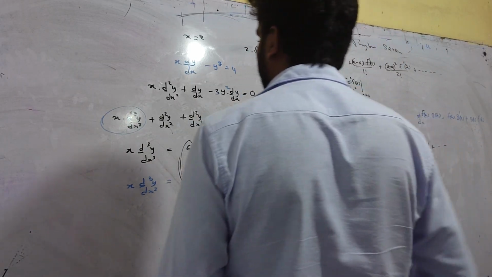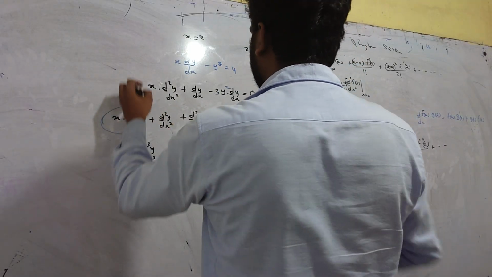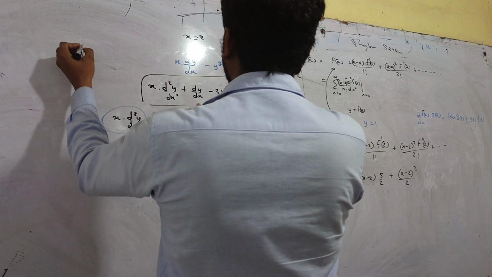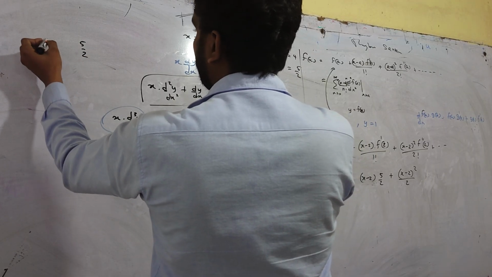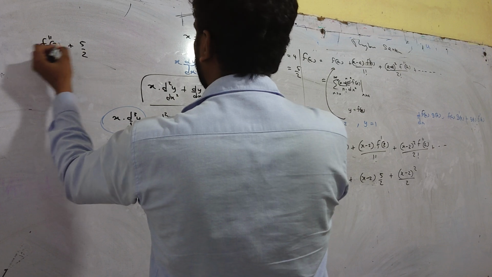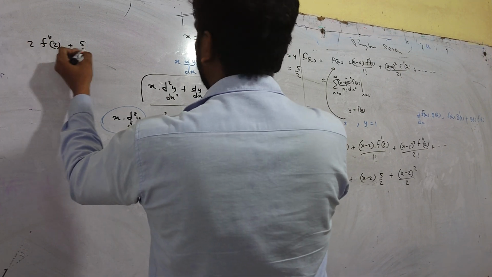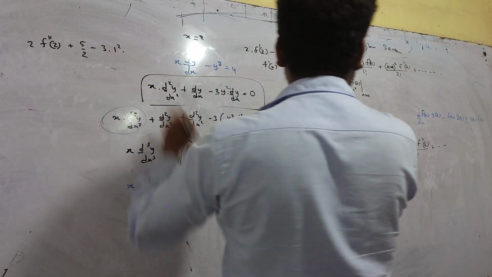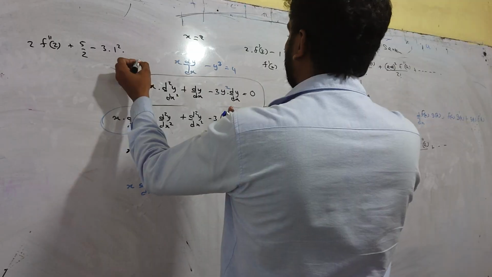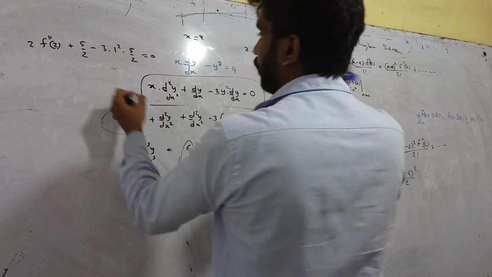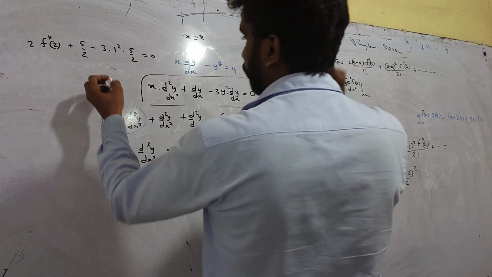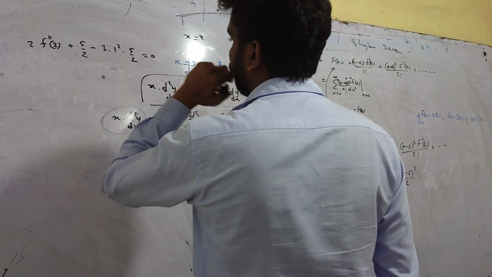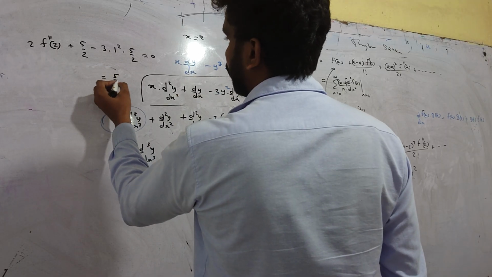Then f double prime of 2, who is f double prime of 2? We can use this equation. We know this one is 5 over 2, and this is f double prime of 2 plus x is 2, minus 3 into 1 squared into 5 over 2, which equals 0. Then what did we get for this? It's again 5 over 2, again 5 over 2.